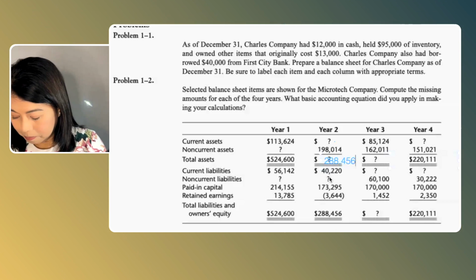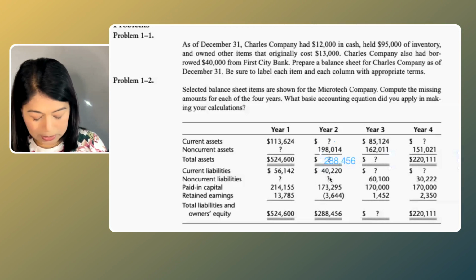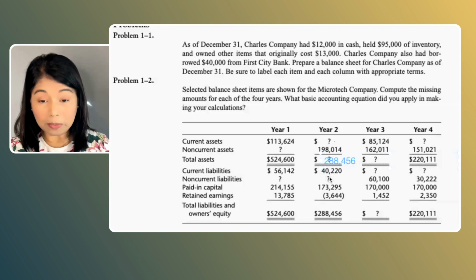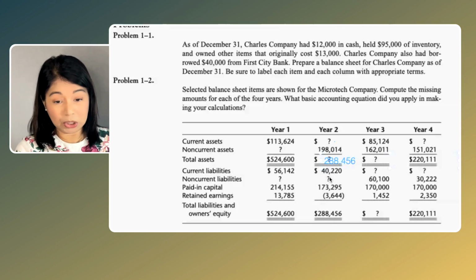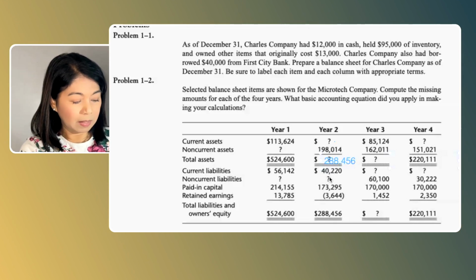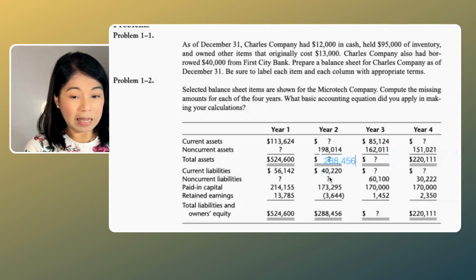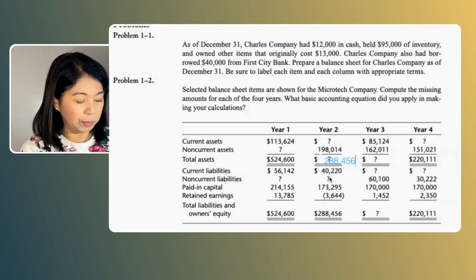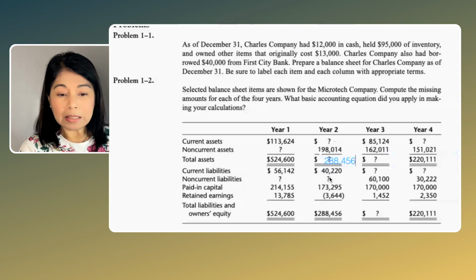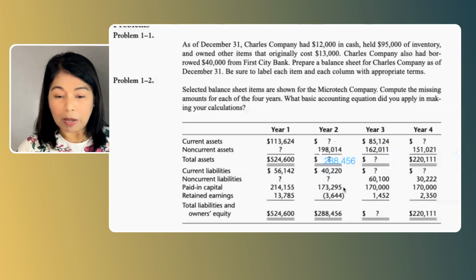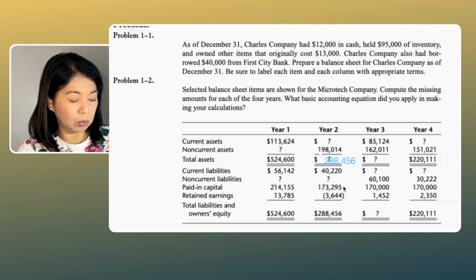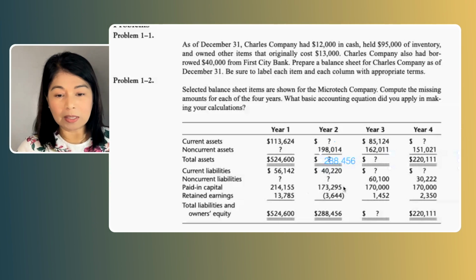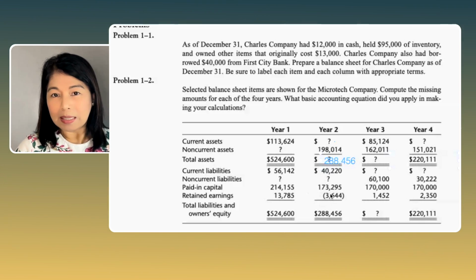Anyone who tried it? Yes po. So it's 78,585. And the good thing about accounting is you can double check. If it's 78,585 plus current liabilities of 40,220 plus paid-in capital, I hope you're following me, 173,295 minus retained earnings, which is not positive.